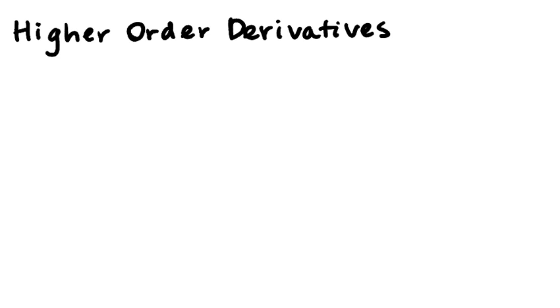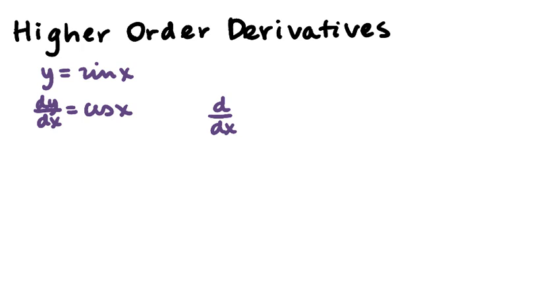So if y equals sine x, last time we said that we take the derivative, and dy dx, the first derivative, is cosine x. Now, if I wanted to take the derivative of the derivative, that would be taking the derivative of dy dx.